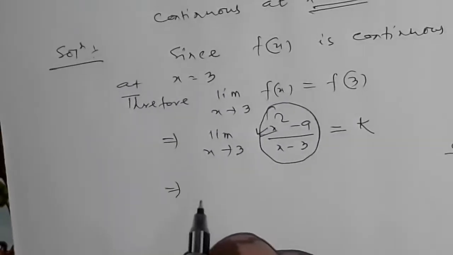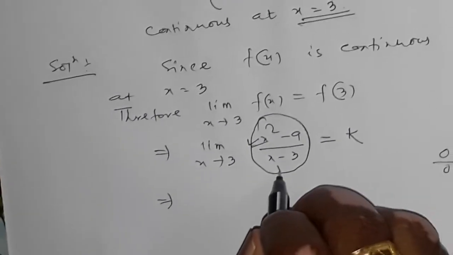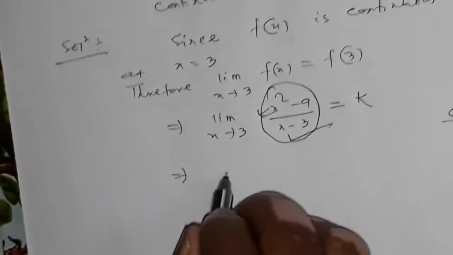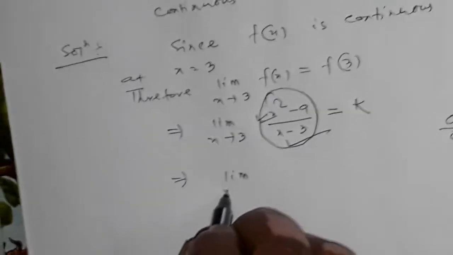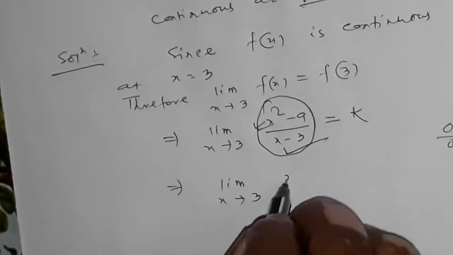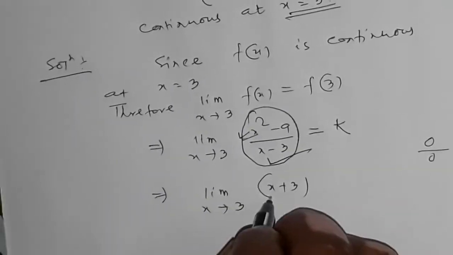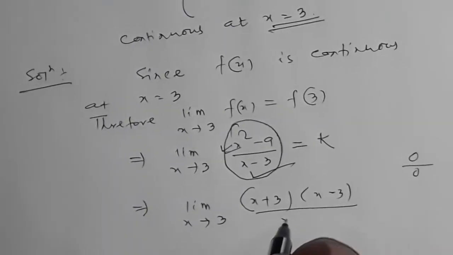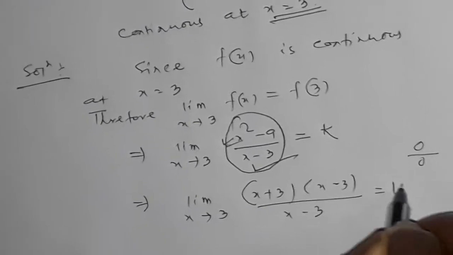So we factorize the expression. So limit x tends to 3 of (x plus 3) into (x minus 3) divided by (x minus 3) equals k.